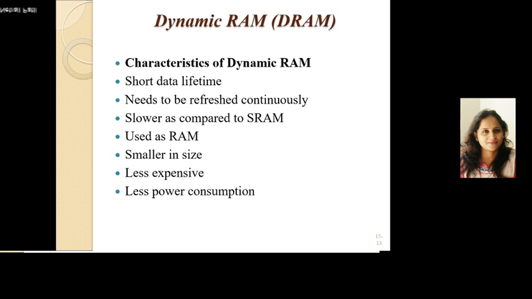Because of this refresh requirement, it is a dynamic memory as opposed to SRAM and other static memory. Now see the characteristics of dynamic RAM. Short data life, needs to be refreshed continuously, slower as compared to SRAM, used as a RAM, smaller in size and less expensive, less power consumption.